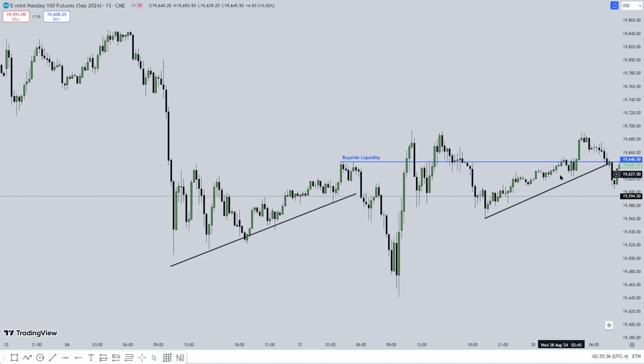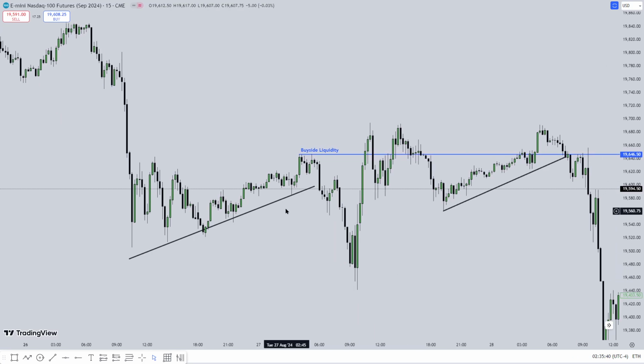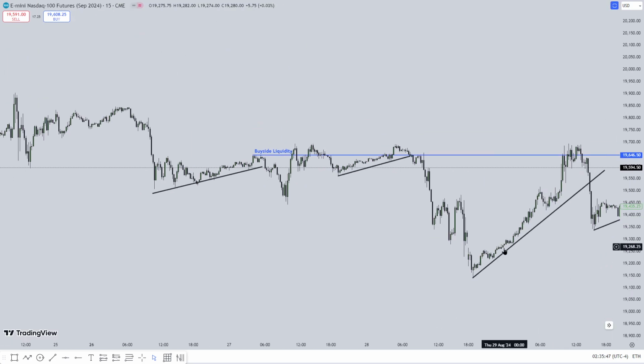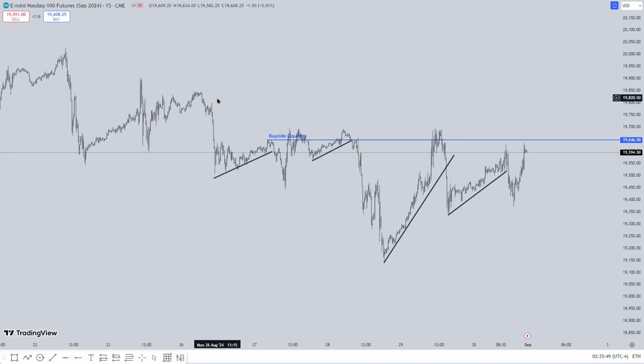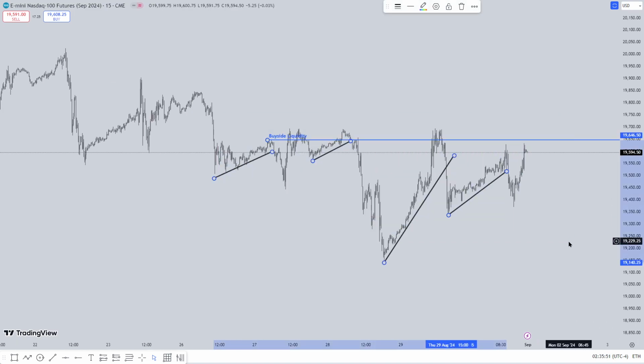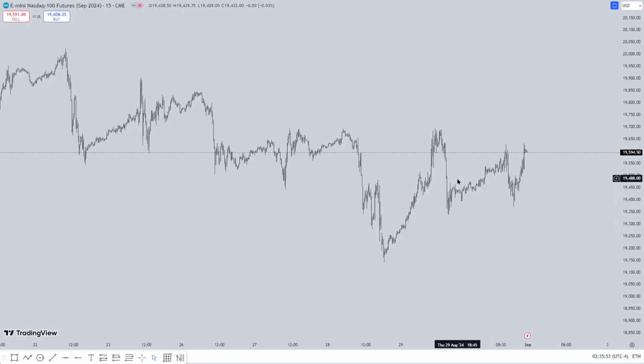So this is how you can know where the market will move if you just look at the pattern. Now if you want to blend some high time frame context in it, you can definitely do it. Let me share how you can do it. This is a 15-minute chart I'm talking about.